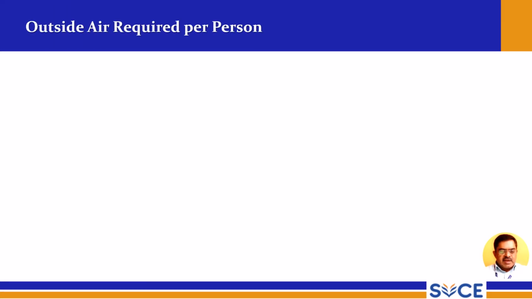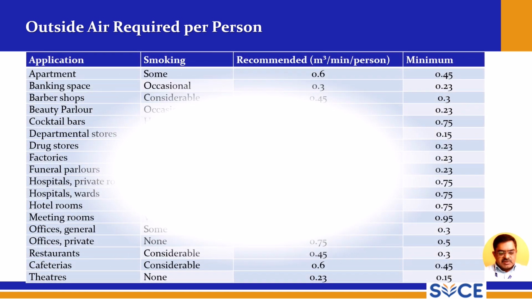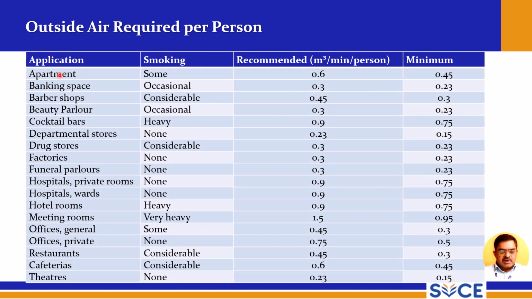So, outside air required per person. This is the table you can see here. The application and smoking conditions are given, with recommended values in cubic meters per minute per person, and the minimum values are given here.